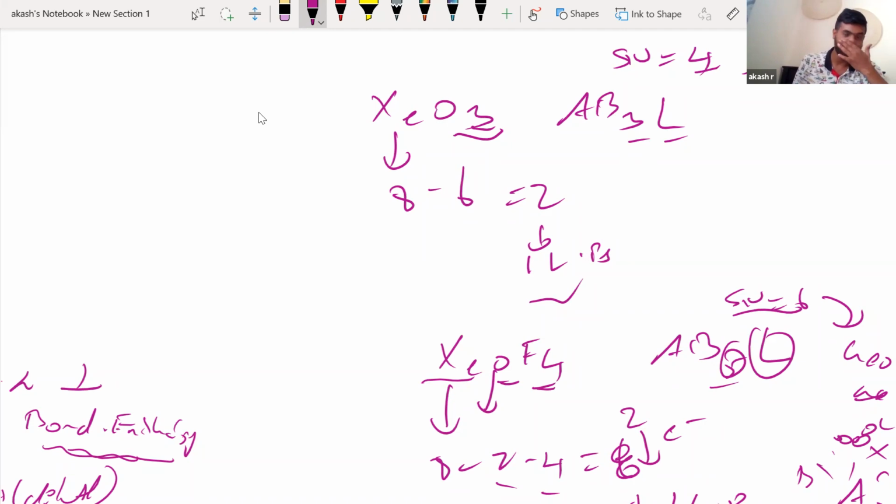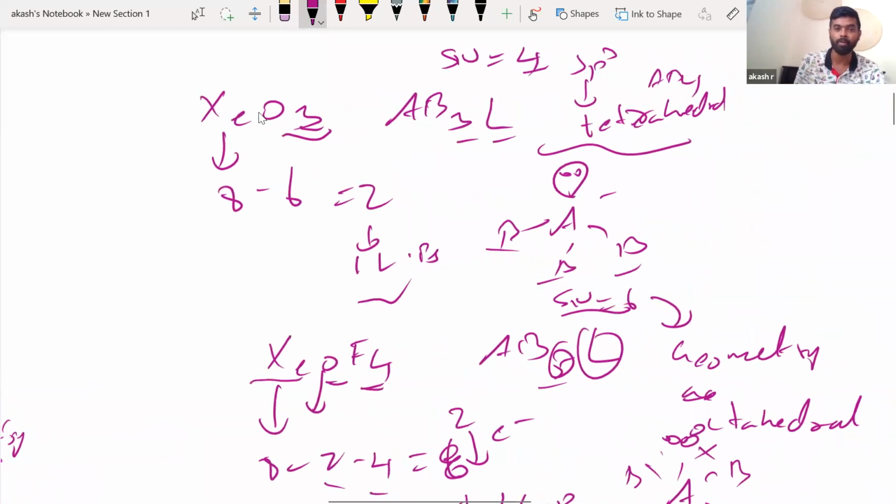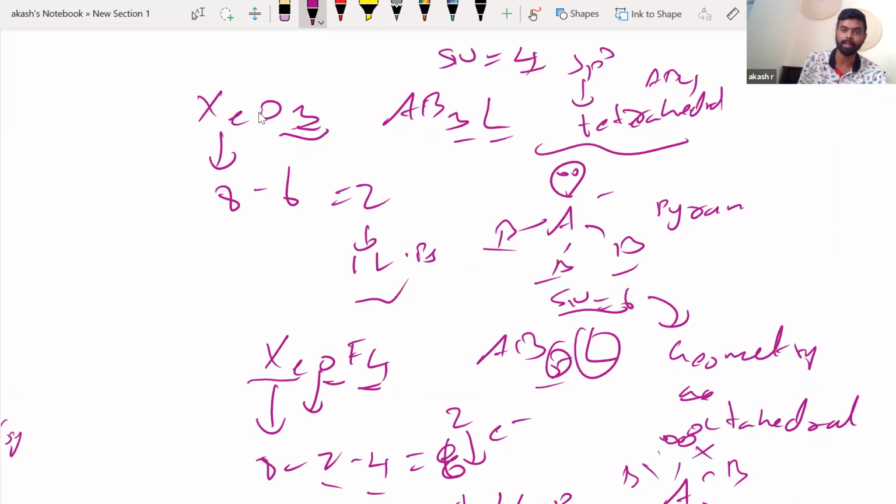Now if it was AB4, it would have been tetrahedral. But it is not, so this is how it will be: 3 bonding atoms and 1 lone pair. These kinds of structures, AB3L, are called pyramidal structures.